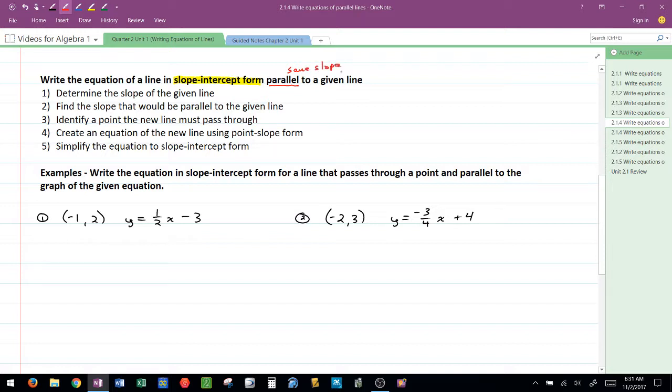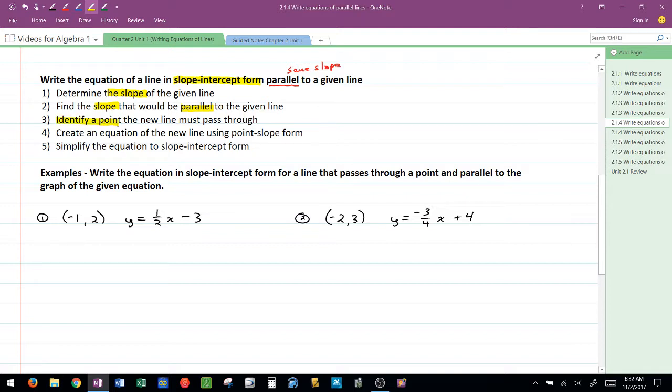All right? Now, this is no different than how we've been writing equations of lines before. There are two key elements that you need to have to write the equation of a line. The first one is the slope. So we're going to figure out the slope of the given line and recognize that that slope is the same for the parallel line. Those two lines have the same slope.